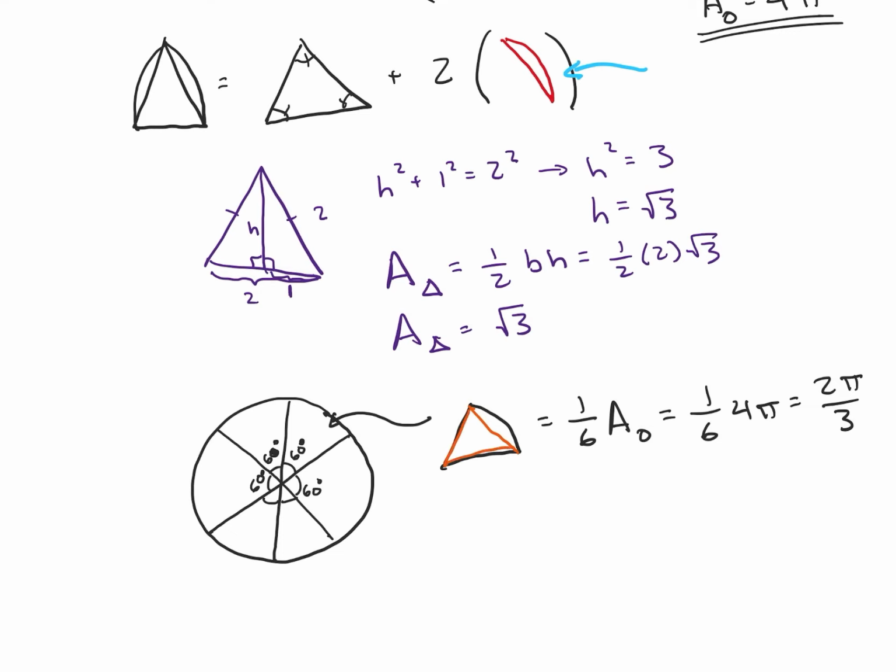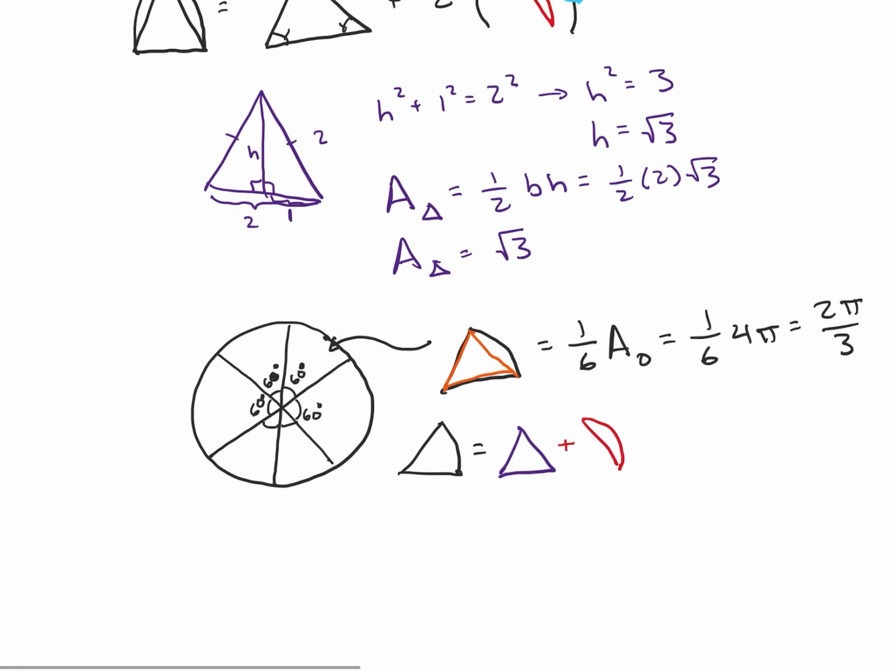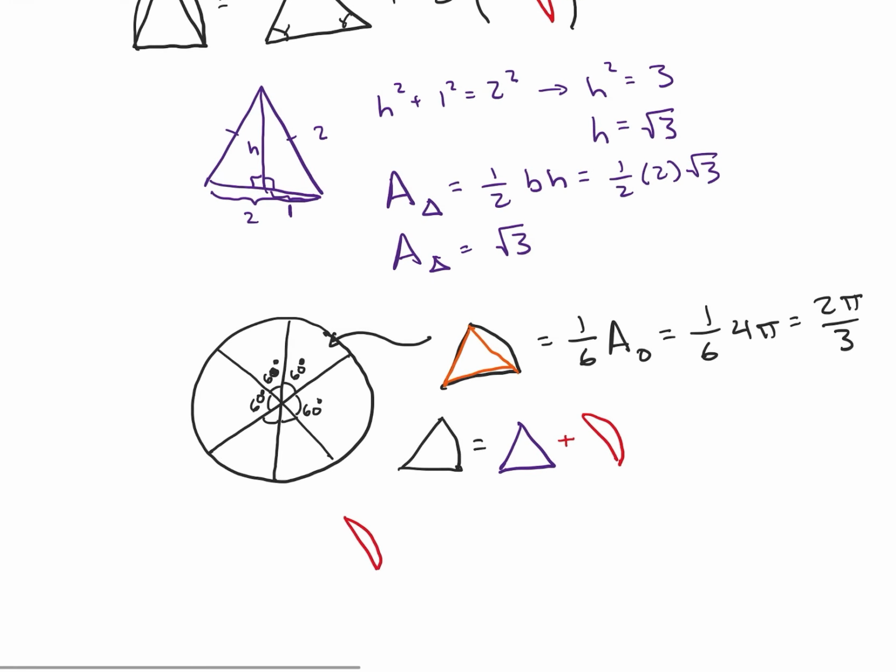The pizza slice is a triangle plus my little piece over here. So now I can just do a little bit of math to figure out that this red piece is going to be equal to that 2 pi over 3 that I just calculated minus the area of my triangle, which was the square root of 3.